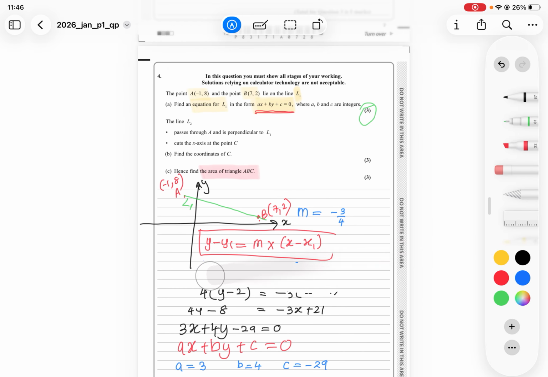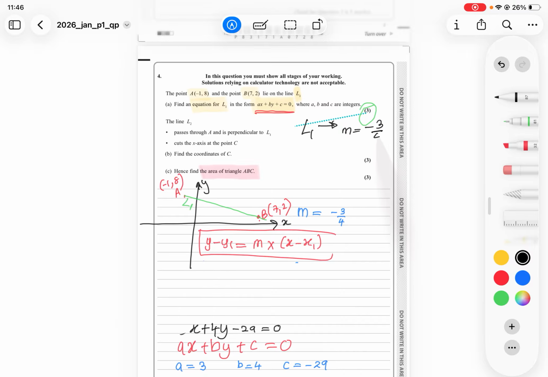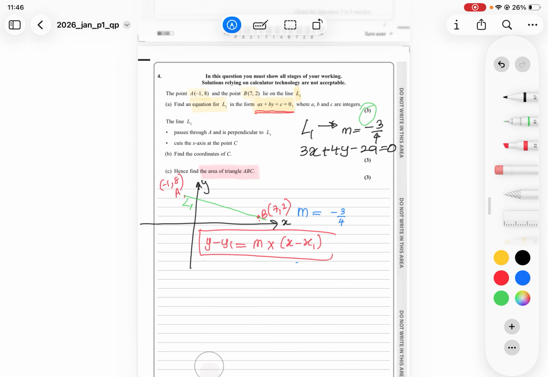I'll just keep the final equation on top. L1 gradient is -3/4, and the equation was 3x plus 4y minus 29 equals 0. So let me clean this up.